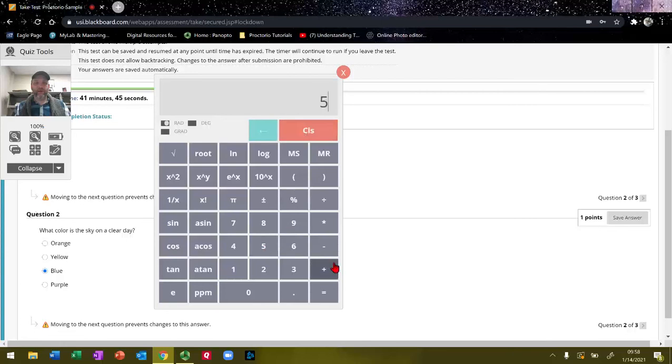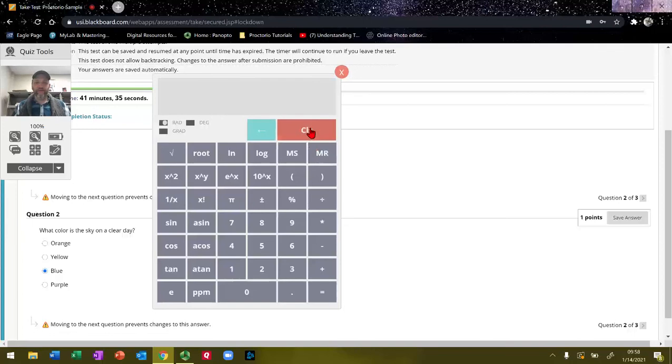If I go 5 plus 2 negative, it's probably going to give us negative 7, and it does, but we know that's not the right answer. 5 plus negative 2 should be positive 3, so I want to go 5 plus the negative sign, using the minus sign, 2, and now we get our positive 3.